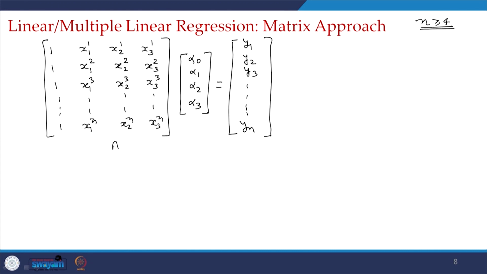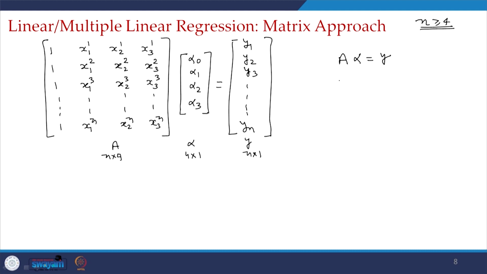So, I will take this as A, this is alpha and this is y. So, I can have a linear system where A is n by 4, so it is an overdetermined system, alpha is 4 by 1 and y is n by 1. So, I will be having A alpha equals y.